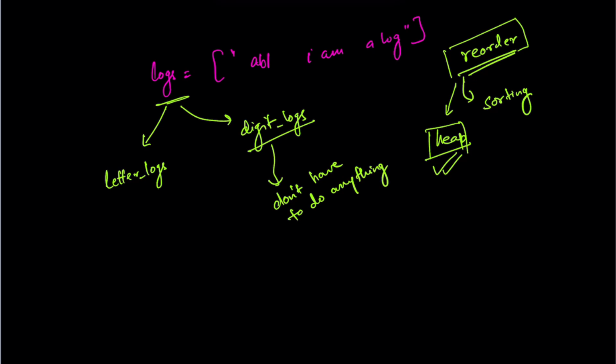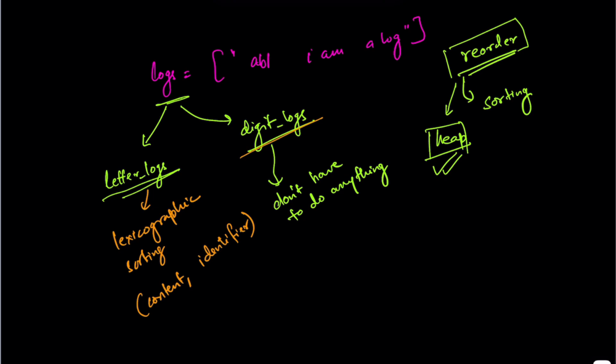The only thing that we need to ensure is that all the digit logs should be added in the solution after all the letter logs. For the letter logs, we need lexicographical sorting by content first. If the content cannot break the tie, when the content of the two logs is the same, then in that case we use the identifier.